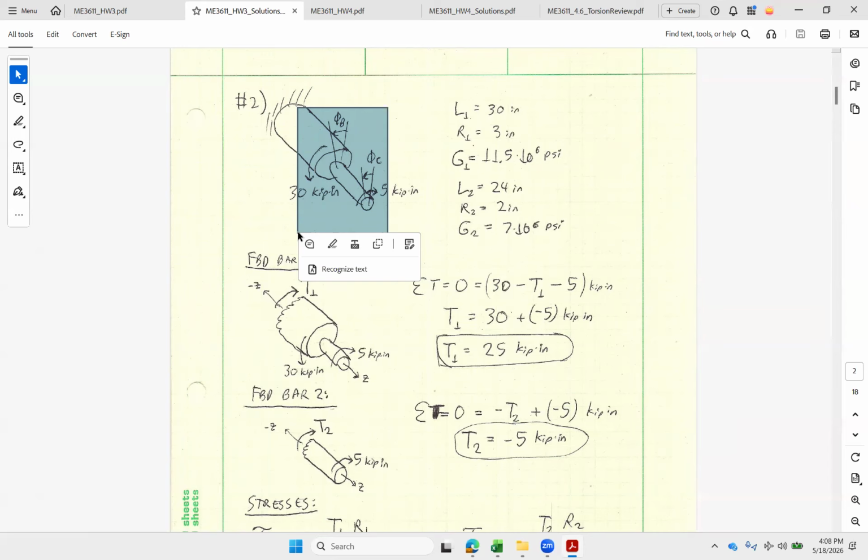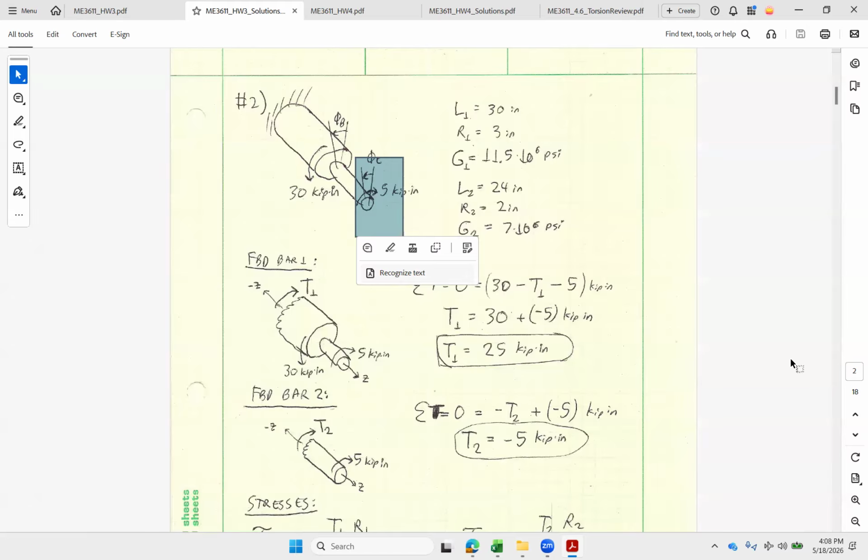For bar number 2, we can just take a slice off the end right here and keep that end. We can see that one's actually going to carry -5. We can look at that on the front end and see it's going against our counterclockwise rule. And on the back end, with our T2 going in the -Z direction, we can also see it's the same direction. So T2 is going to come out negative. That means bar number 1 is going to twist counterclockwise, but bar number 2 individually is going to twist the other way.